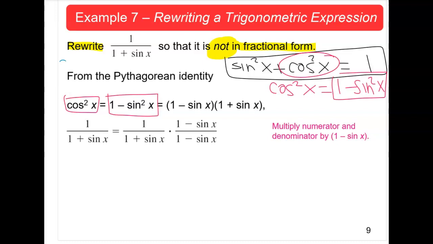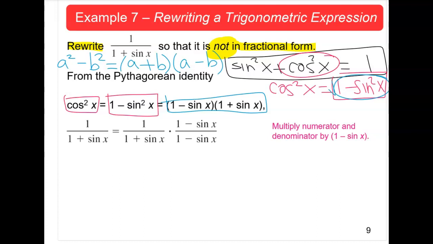Let me write it here. If we have a square minus b square, those two could be factored as the product of a plus b and a minus b. And that is what we're going to do with this one. So this will be factored, and you could see the two factors here. We take the square root of 1 and the square root of sine square x.